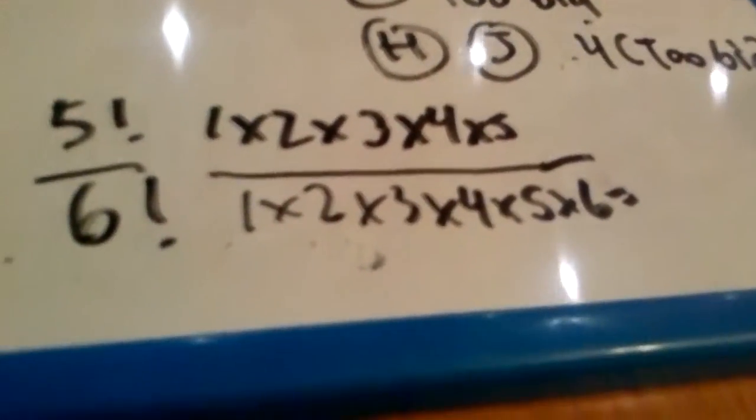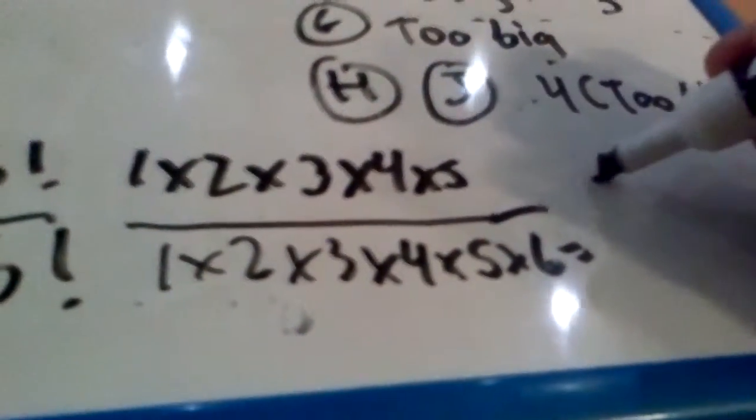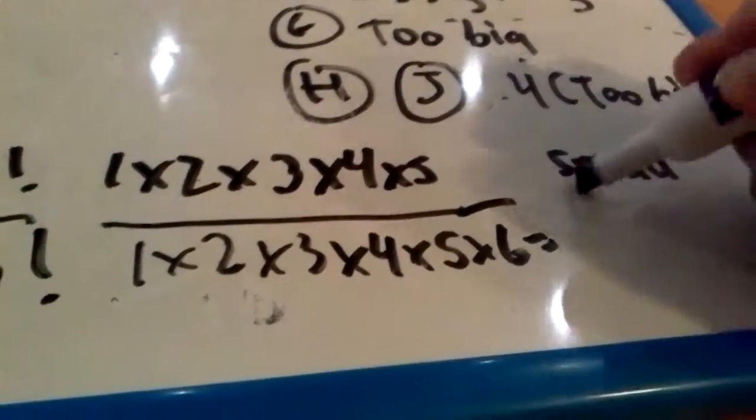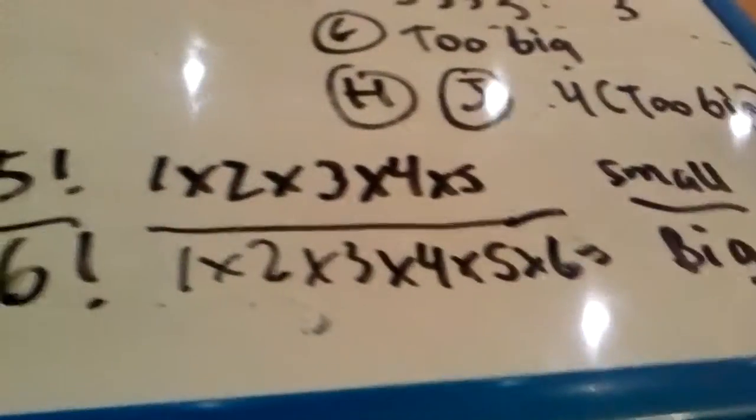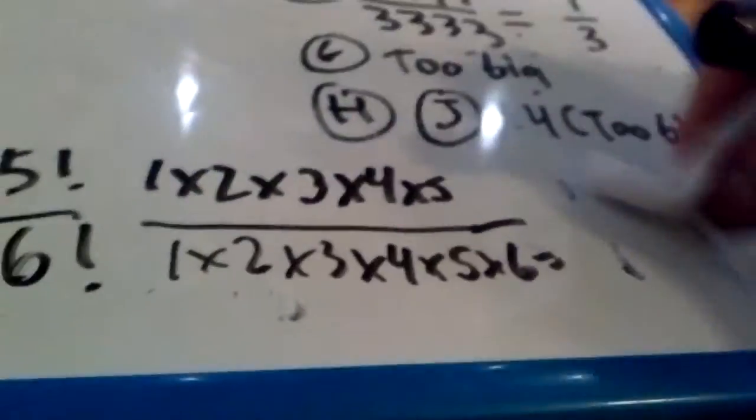Okay? So you know the number here is going to end up being small, and the number here is going to end up being big.